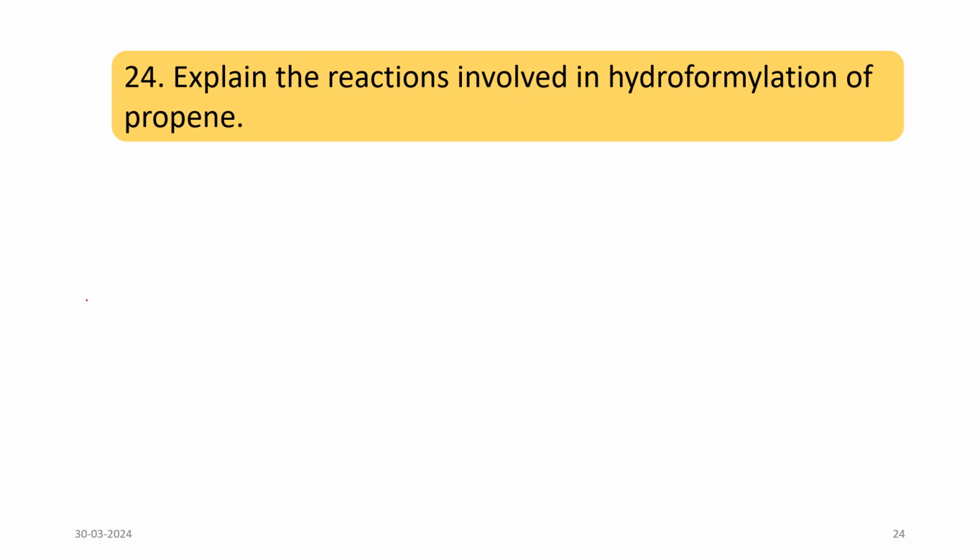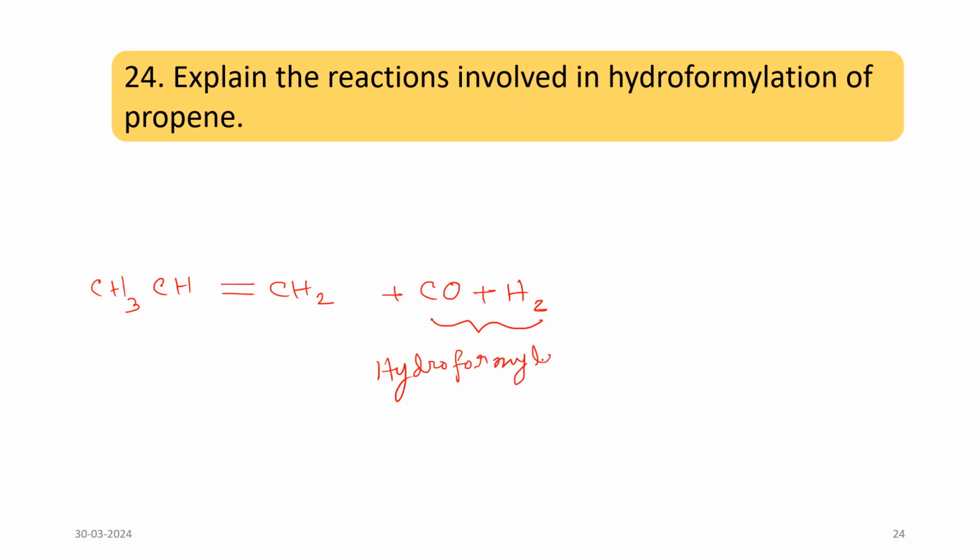So this propene reacts with syngas, that is the hydroformylation, produces n-butyraldehyde, that is CH3CH2CH2CHO.